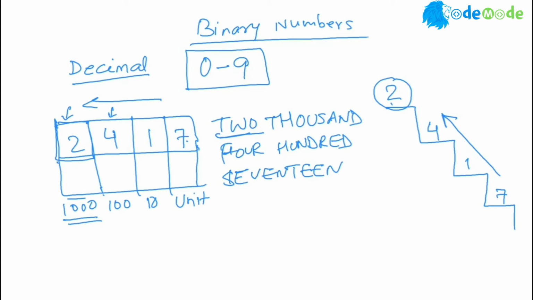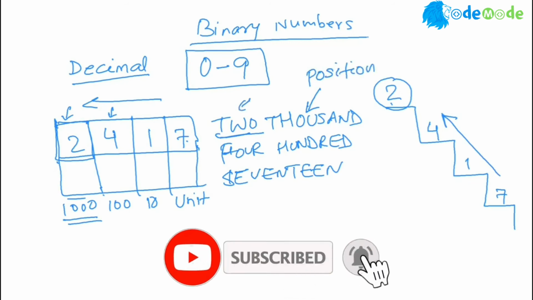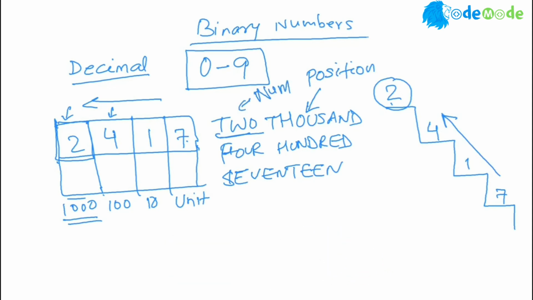When you read a number, when you say 2000, you're saying this is the position and this is the number itself. Correct? That's how we always read 2417. With 4, we say 4 the number and the position is 100.